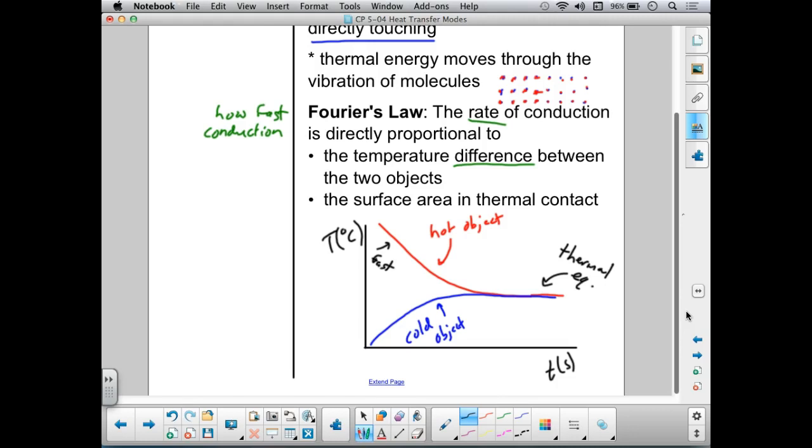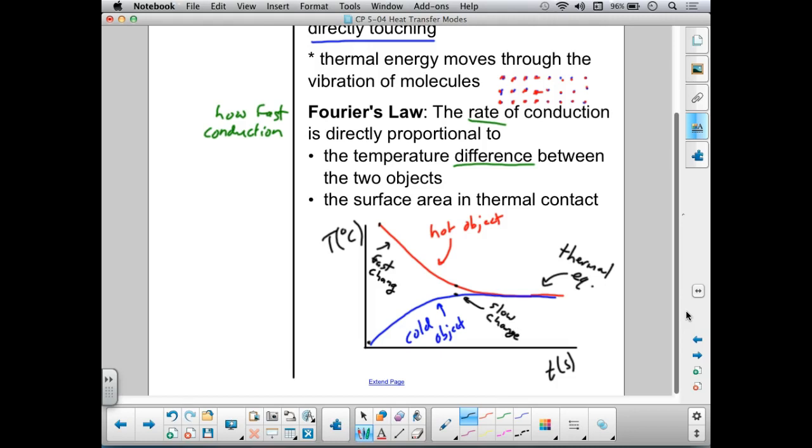There's fast change in temperature because the difference in the temperatures is very high. Notice when we get right over here, the temperature isn't changing very quickly at all. It starts to slow down a lot more because now the temperature difference is very small. So we'll call this fast change, and over here, let's call it slow change.